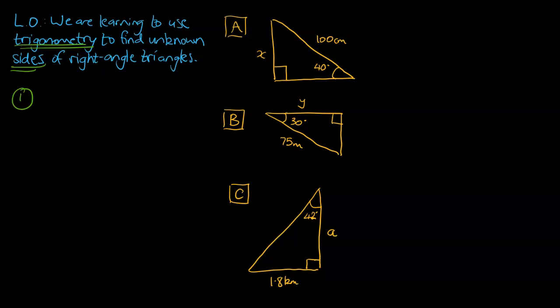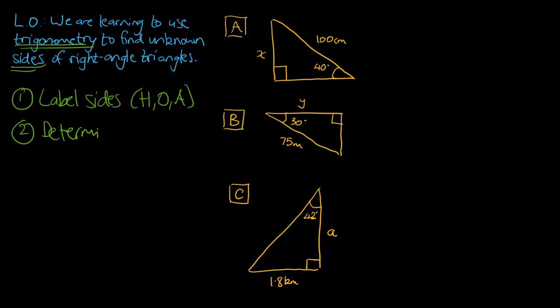So the first one we're very confident we know all about, but we've got to label the sides of our triangle. And don't forget, it could be H for hypotenuse, O for opposite, or A for adjacent. So that's always the first thing you've got to do. And this bit's going to be a bit new to us. Once you've labeled the sides, you've got to determine the formula that you're wanting to use.